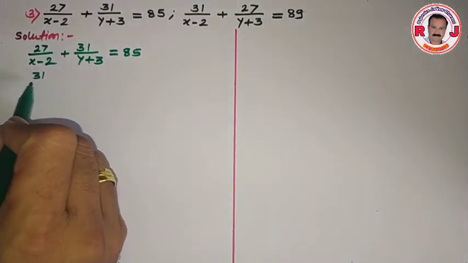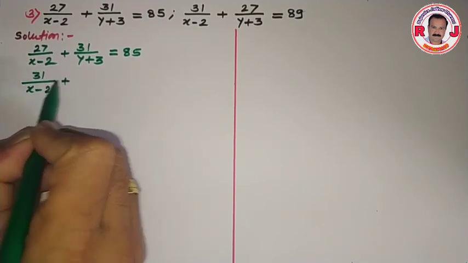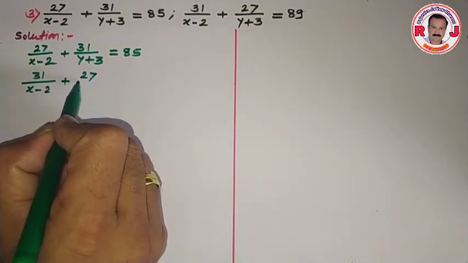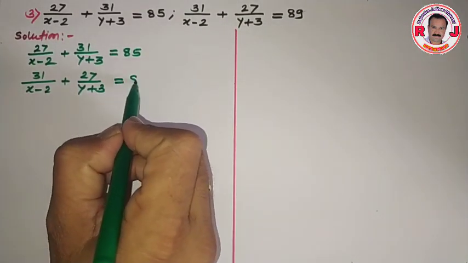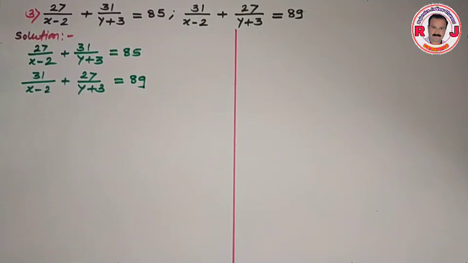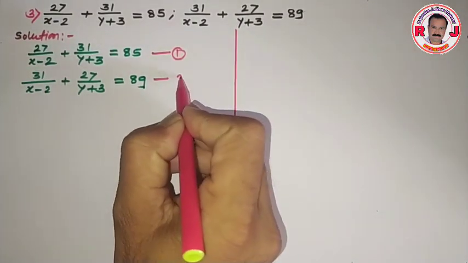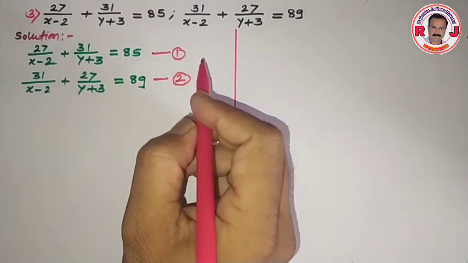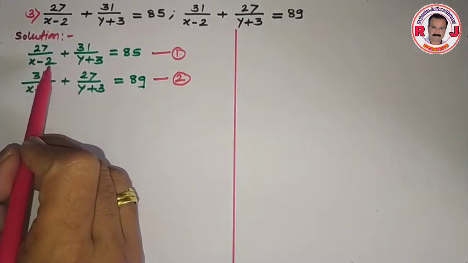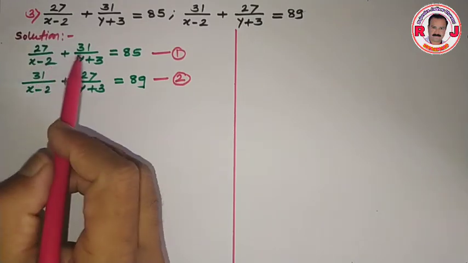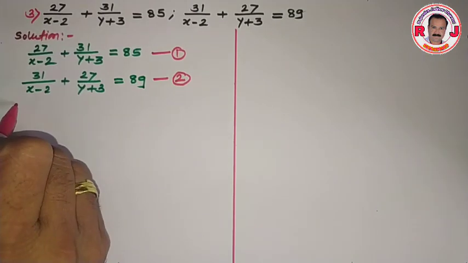Second, 31 upon x minus 2 plus 27 upon y plus 3 is equal to 89. This is the first equation and this is the second equation. In these equations, substitute 1 upon x minus 2 is equal to m and 1 upon y plus 3 is equal to n.